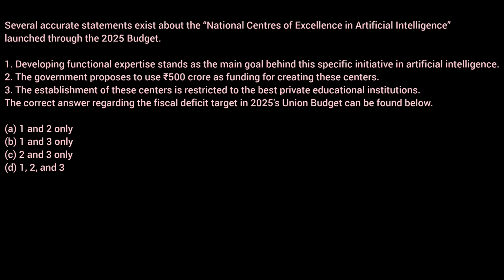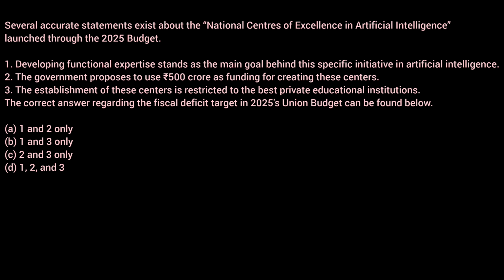Several accurate statements exist about the National Centers of Excellence in Artificial Intelligence launched in the 2025 budget. 1. Developing functional expertise stands as the main goal behind this specific initiative in artificial intelligence. 2. The government proposes to use 500 crore as funding for creating these centers. 3.